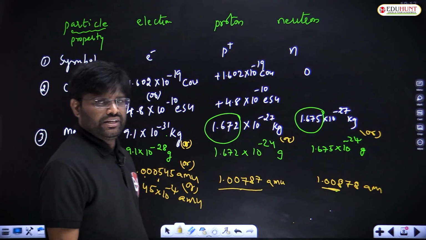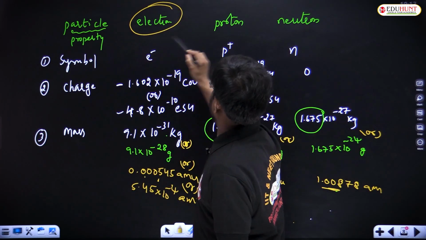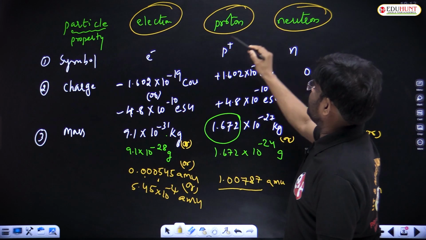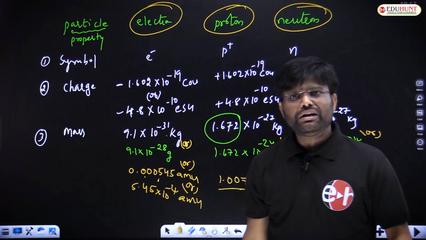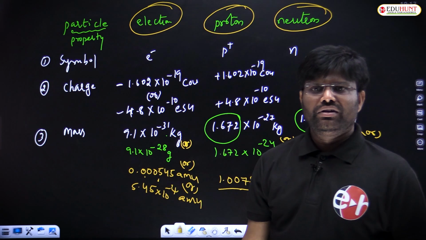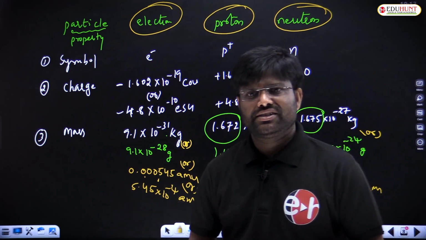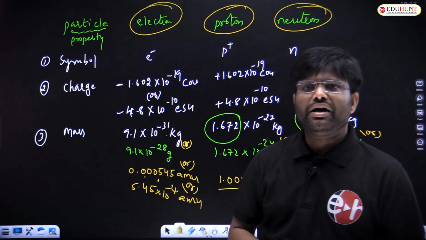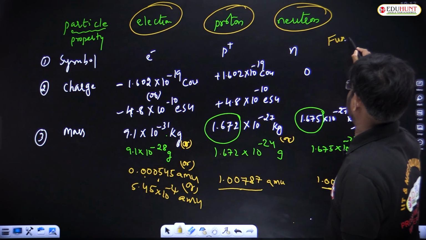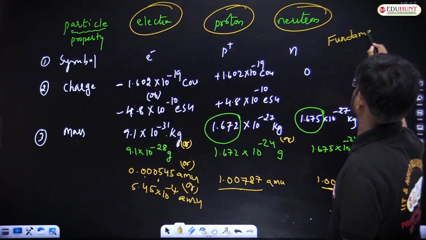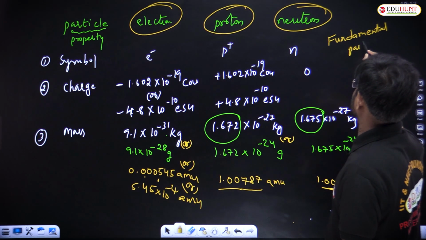This is about the electron, proton, neutrons. These are the fundamental particles of an atom. These are called subatomic particles, also called fundamental particles.